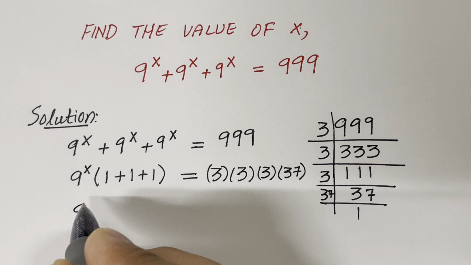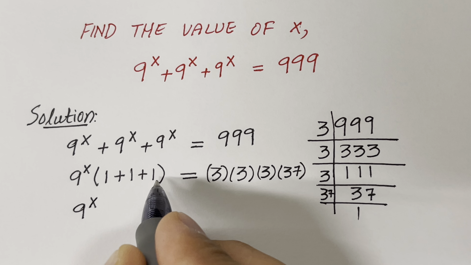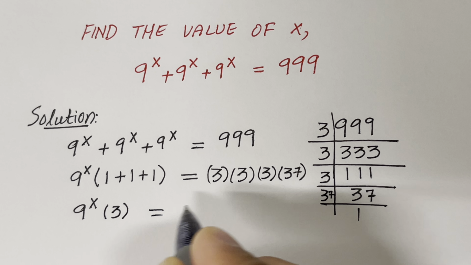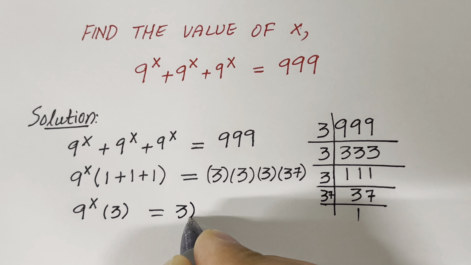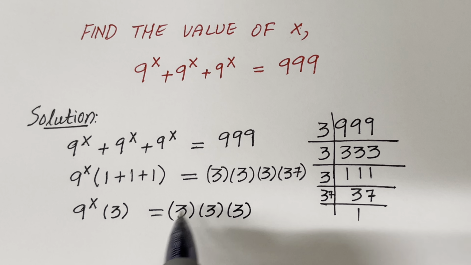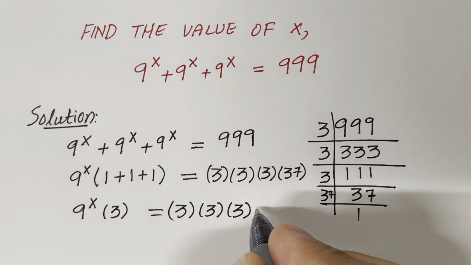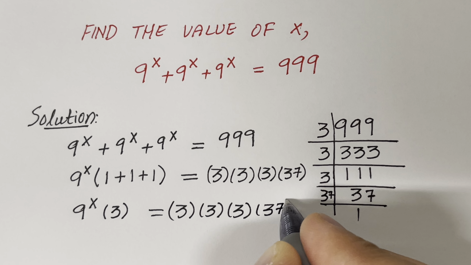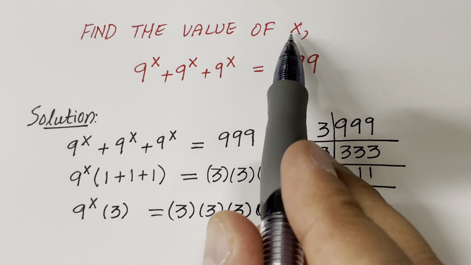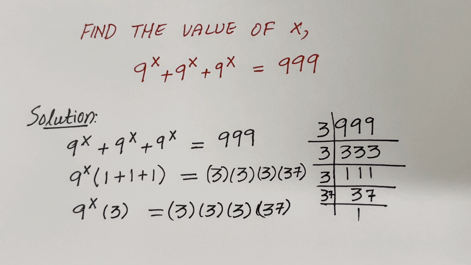Okay, so let's simplify the left hand side. On the left hand side we have 9^x times 1 plus 1 plus 1, which is equal to 3, and on the right hand side we have 3 times 3 times 3 times 37. Since we want to find the value of x, we would like to isolate x.